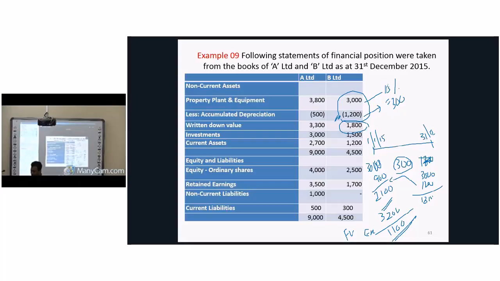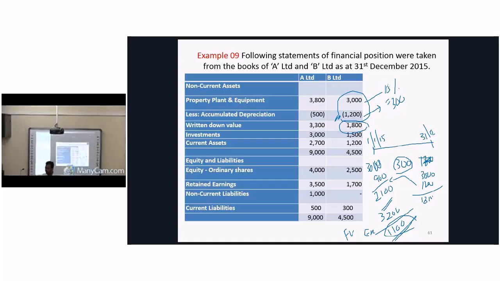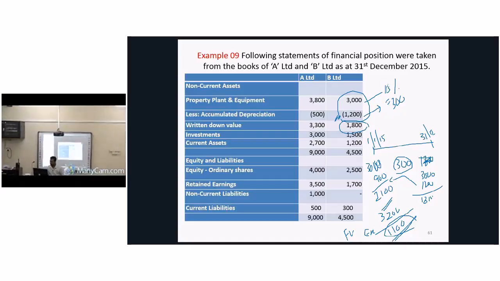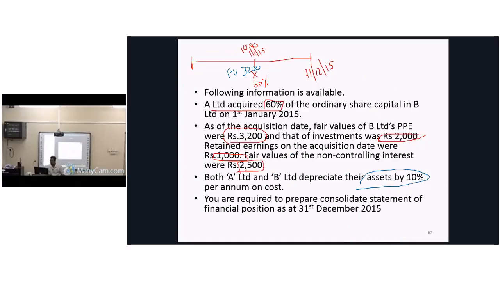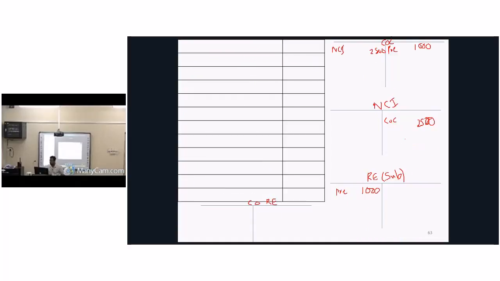How to account for fair value excess now? This 1100 should be added to, now already we have learned the double entry for fair value excess. Property, plant and equipment account debit, and we have to credit. Credit to where? Credit to cost of control account. Now we have already identified fair value excess in this question, then the double entry should be 1100.